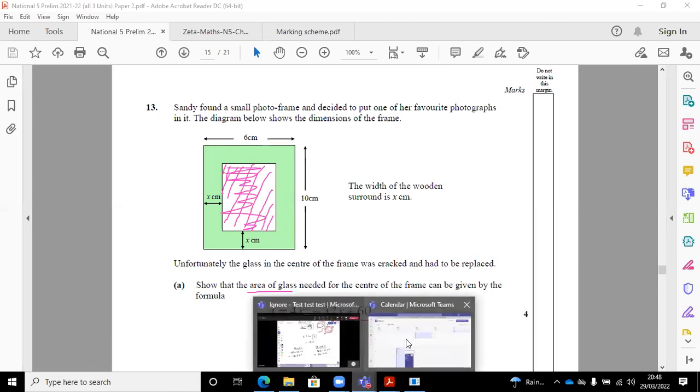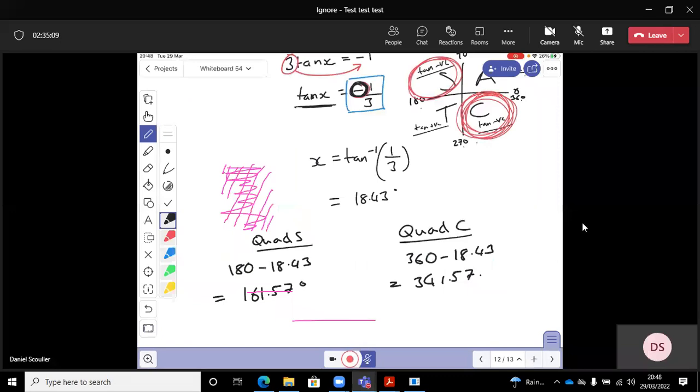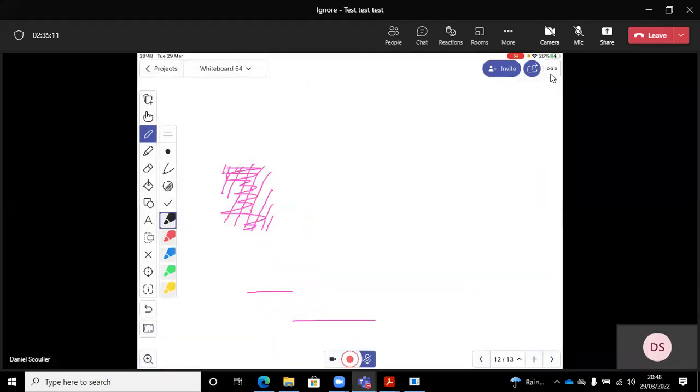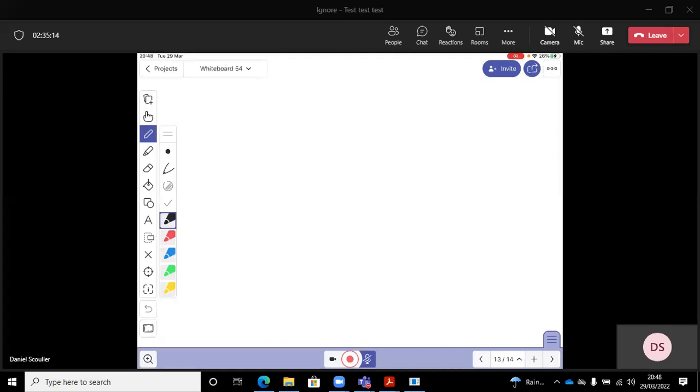So our starting point for this is the area of a rectangle is just equal to the length. Oh, can't spell length.